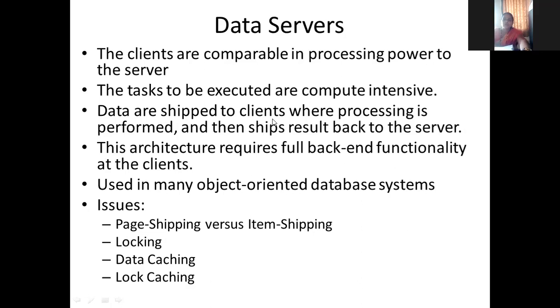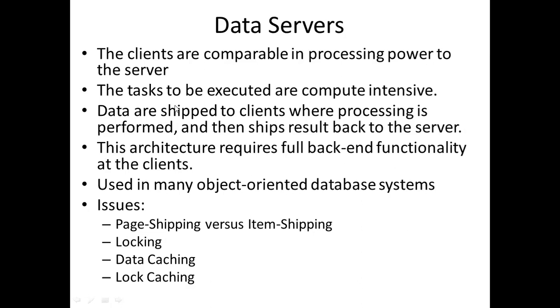According to the request of the client, the server ships whatever data is required for performing that transaction to the client side where the processing is performed, and then the result is shipped back to the server.